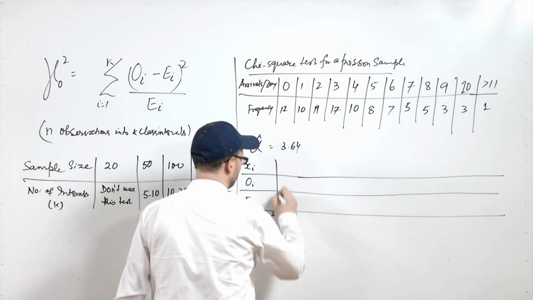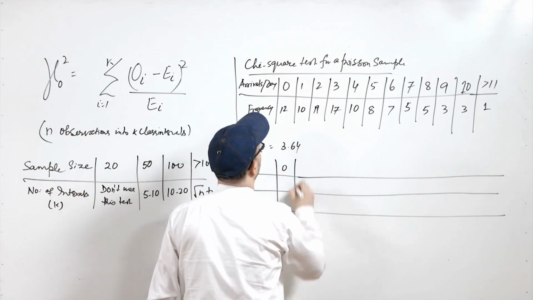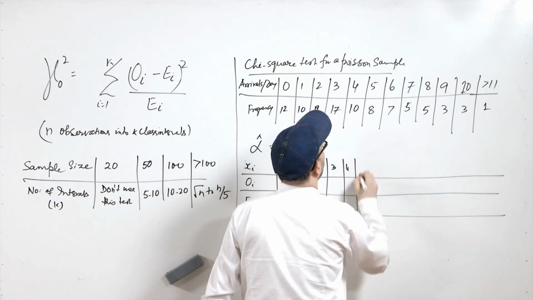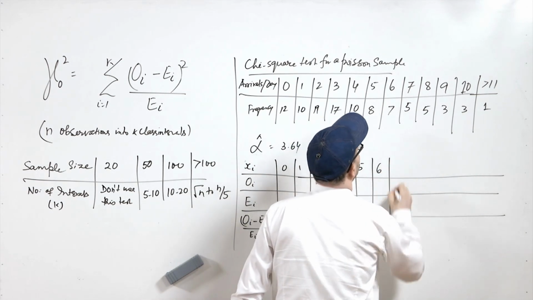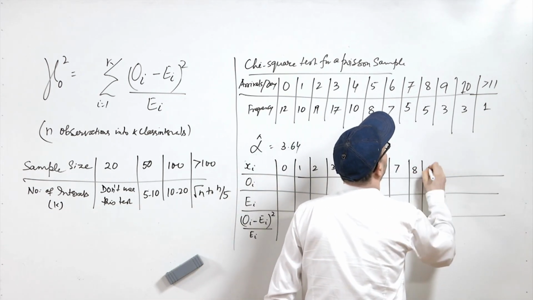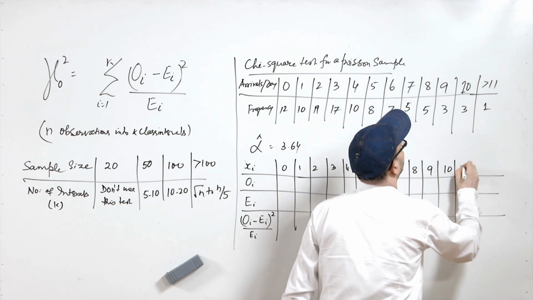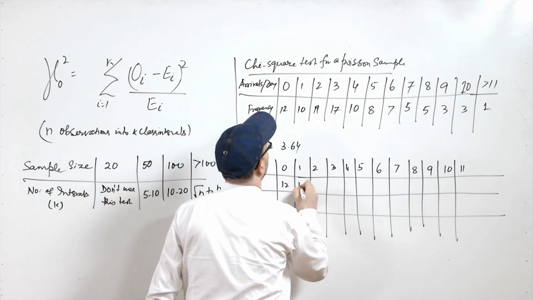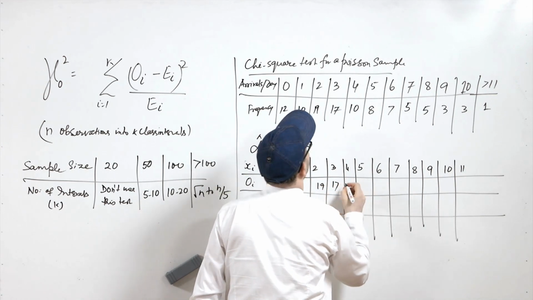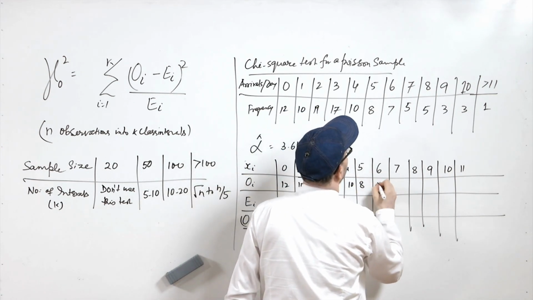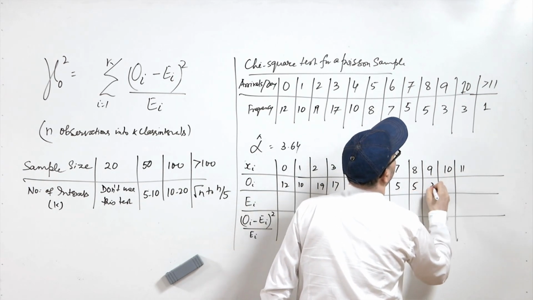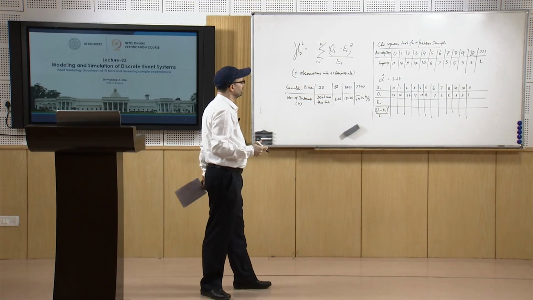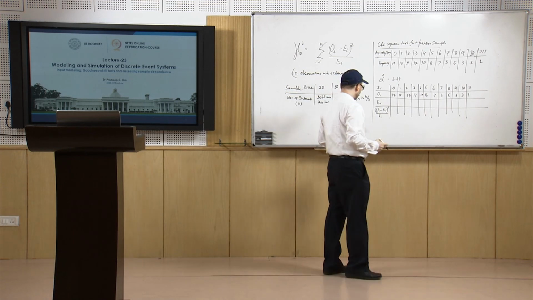So, you have the values 0, 1, 2, 3, 4, 5, 6, 7, 8, 9, 10 and 11. Once you have these values, Oi as we see is again 12, 10, 19, 17, 10, 8, 7, 5, 5, 3, 3, 1, and then the expected frequency.